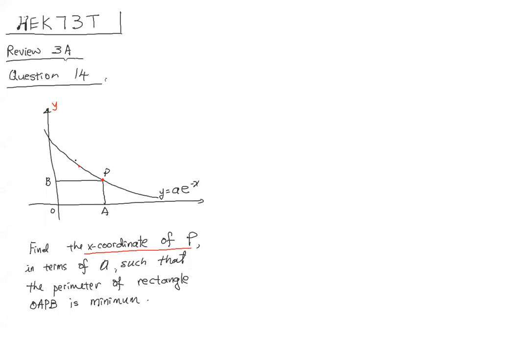OAPB has a minimum perimeter. Okay. So we want the rectangle to have minimum perimeter. So this is our situation, or the condition.